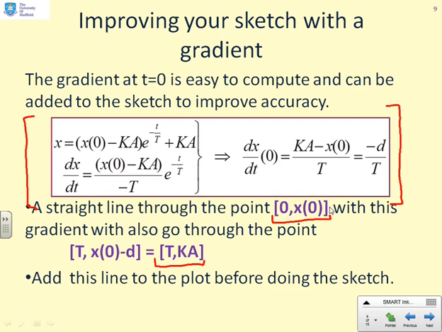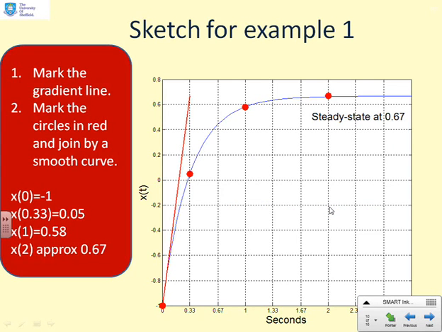Okay, and what we're suggesting is you add this line to the plot before you do the sketch, because it makes sure you get the initial gradient correct. So here's an example. What you can see is that we've got a time constant. Let's put it down here. So the first time constant is this line here. The steady state is this line here.